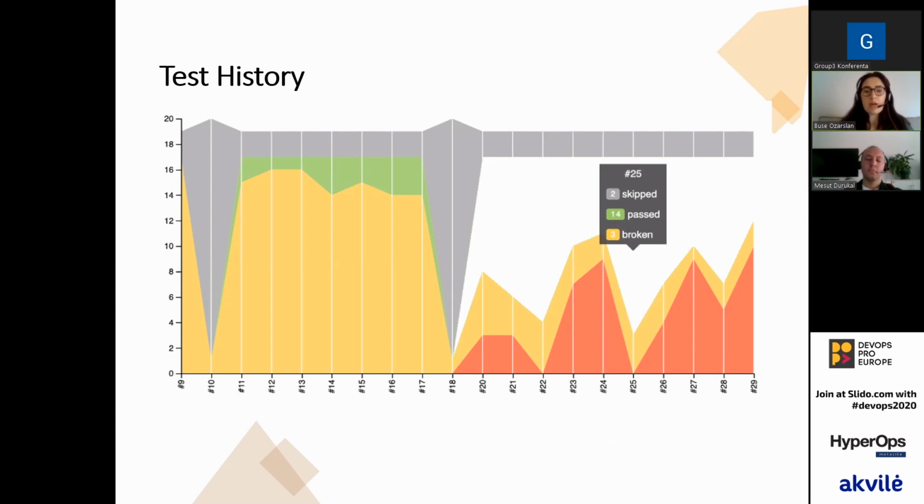So we just keep an eye on the trend of our test results. We detect the tests having flaky test results, and we assume that maybe there's a stability problem in those test cases, and we create some maintenance tasks for those test cases to make them more robust and to prevent that kind of fluctuating test results.